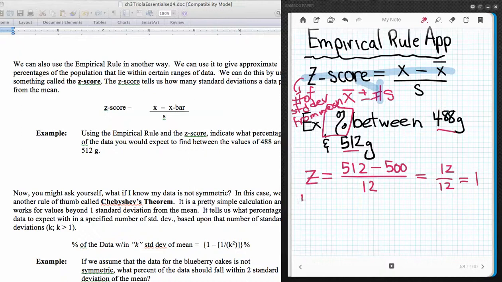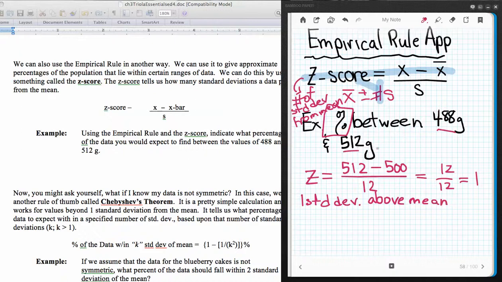So what this means is 1 standard deviation. And because this is a positive value, that tells us that our observation, our x, is above the mean. And so that's our z-score for our 512.